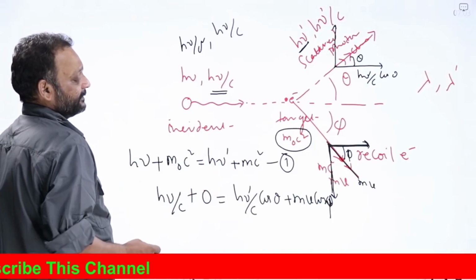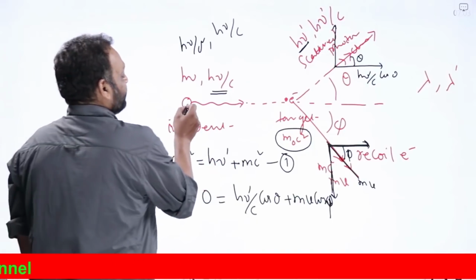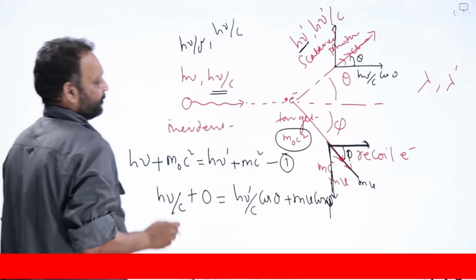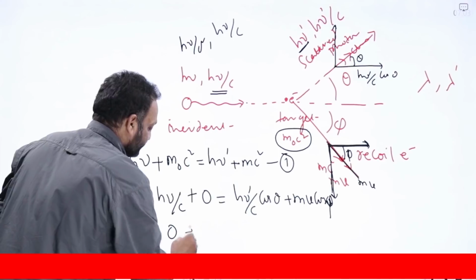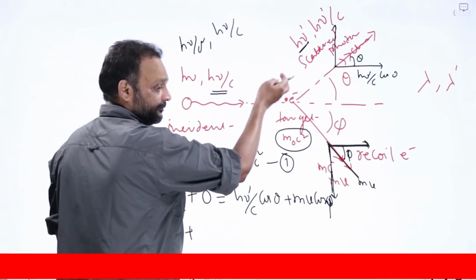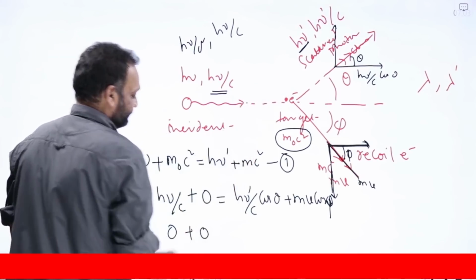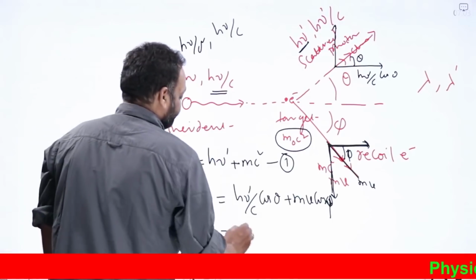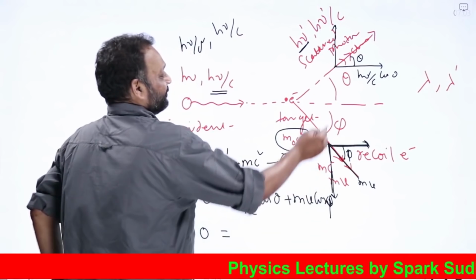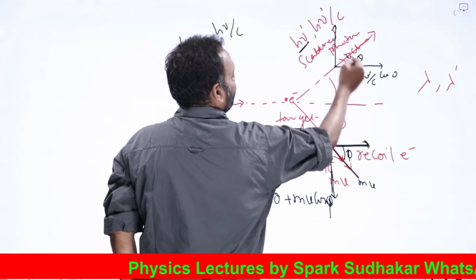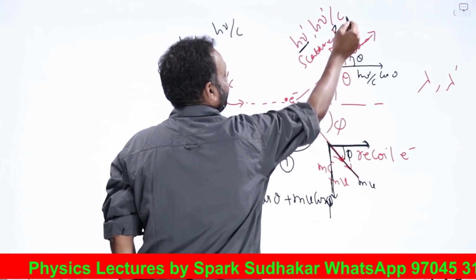Now what is momentum conservation along the y-axis? The photon is initially moving only along the x-axis, so what is its y component of momentum? 0. Plus the electron does not have any momentum at all because it is at rest, so again 0. It is equal to the y component of the momentum of the scattered photon. When this is h nu dash by c cos theta, this will become h nu dash by c sin theta.